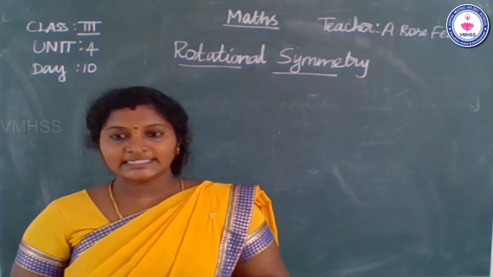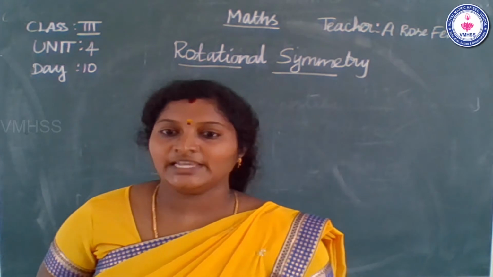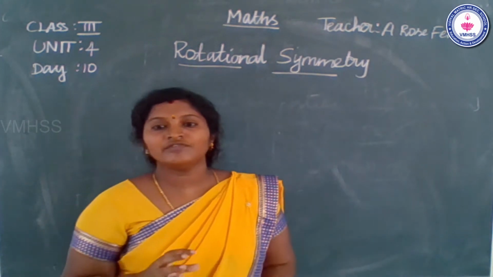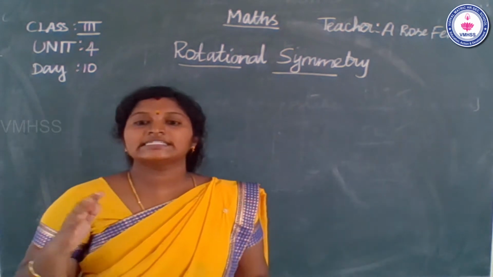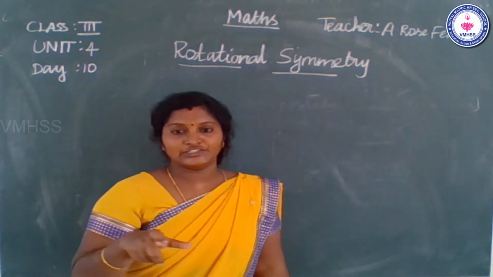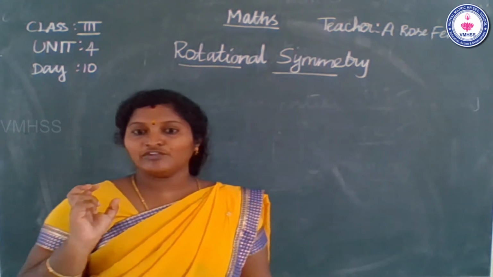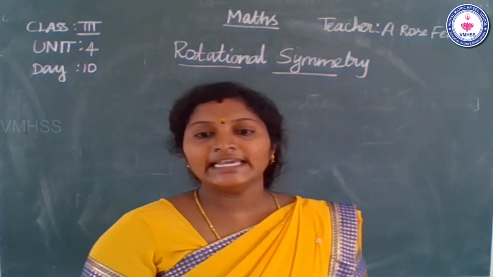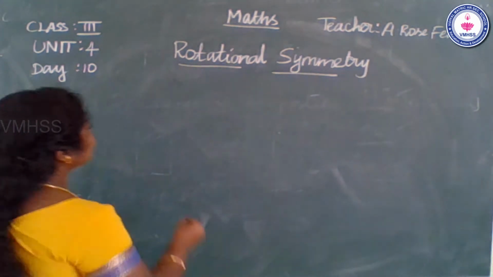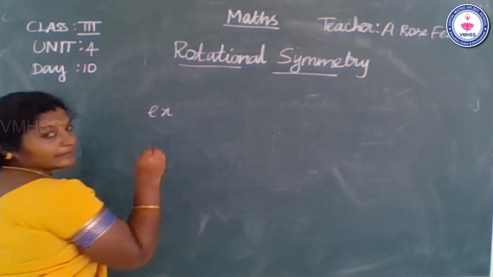An object's degree of rotational symmetry is the number of distinct orientations in which it looks exactly the same for each rotation. Listen carefully.